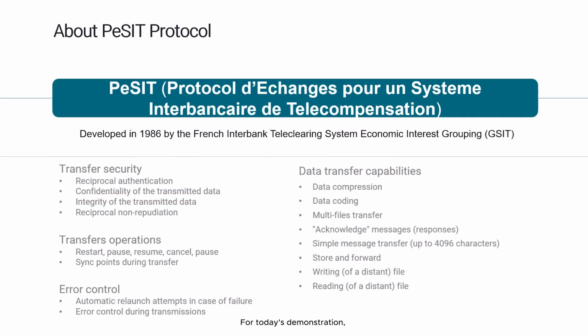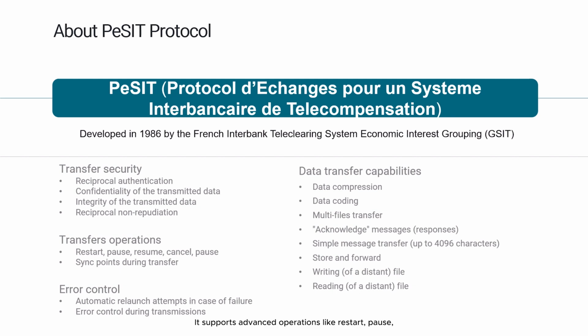For today's demonstration, we are going to use PeSIT transfer protocol for data exchange. PeSIT is a secure and reliable file transfer protocol developed in 1986 by the French Interbank Teleclearing System (GSIT) for interbank data exchange. It offers features such as data confidentiality, integrity, non-repudiation.